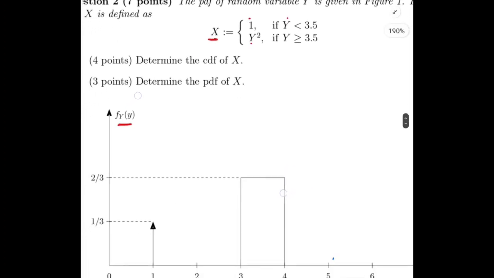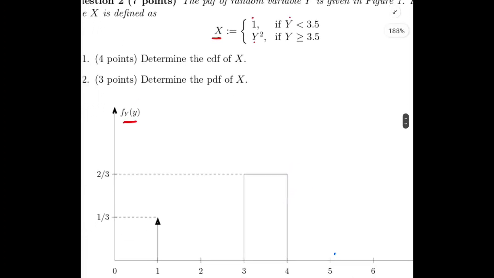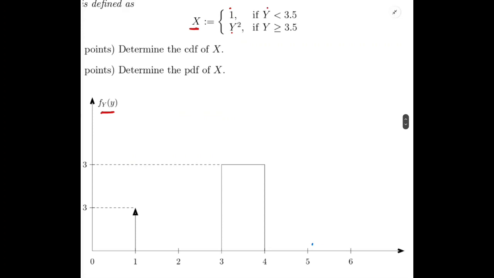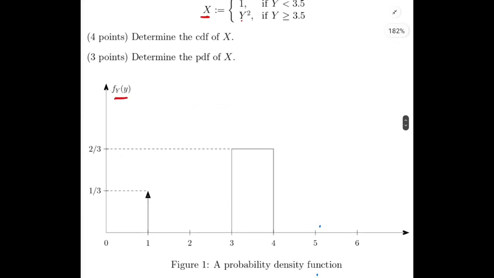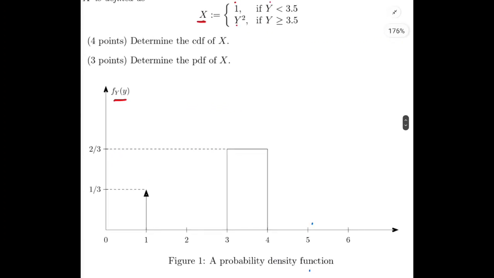Now we have to make sure and be aware that the random variable y, according to the probability distribution function, takes values between 1 and 4.